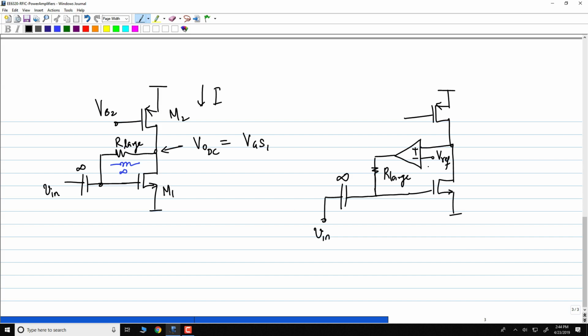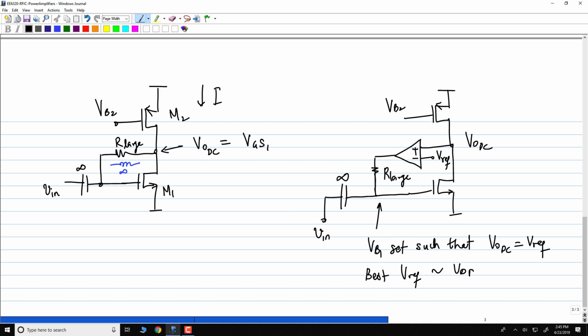Now if I do this, VB1 will be set such that the output VODC is VREF. Typically the best VREF is VDD by 2, right? You're at mid rail, you can swing above and below that. Does it make sense to everybody? Any questions?